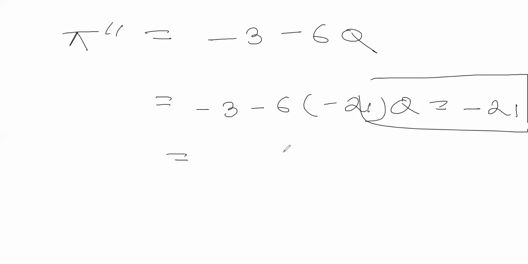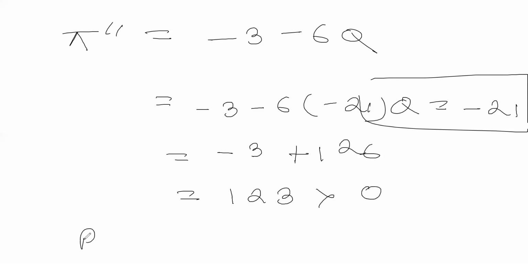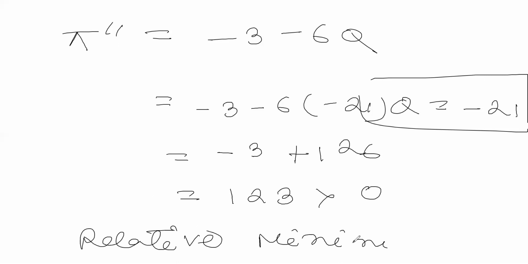So finally, we are left with negative 3 and a plus 126, which gives us 123, which is greater than 0. So now the profit function is not maximized because it is at its relative minimum and it is convex.